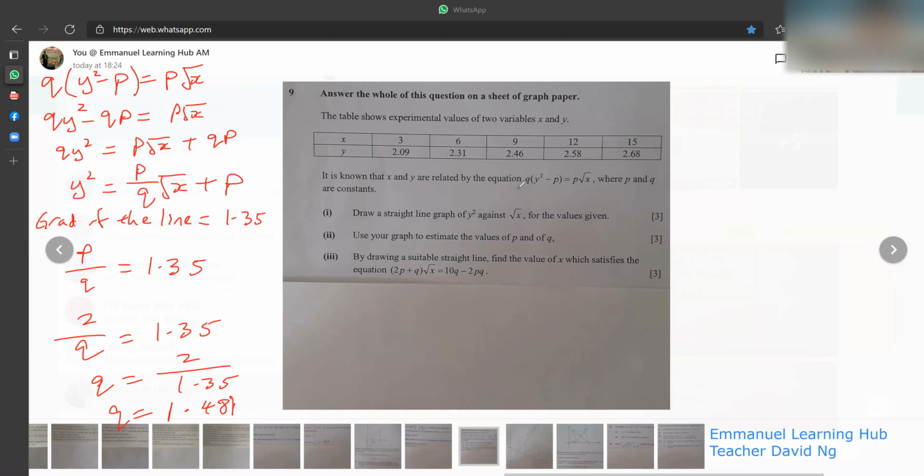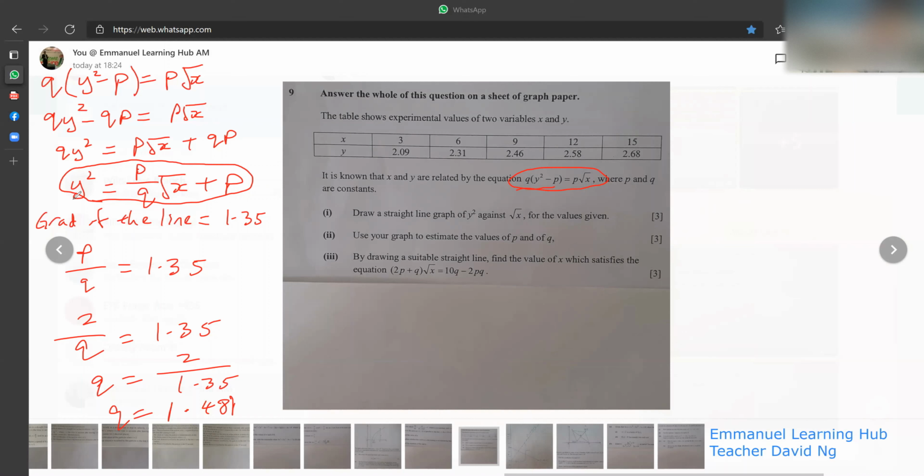Basically, you need to transpose this equation into this equation here, where you have your y square and your root x. Your big Y is your y square. Big Y is equal to m big X plus c, Y equal to mx plus c.